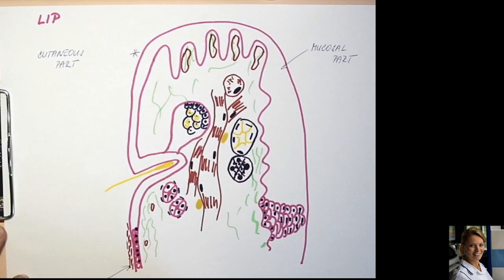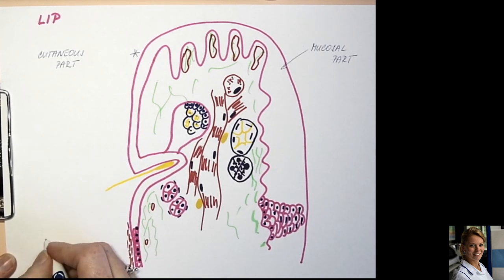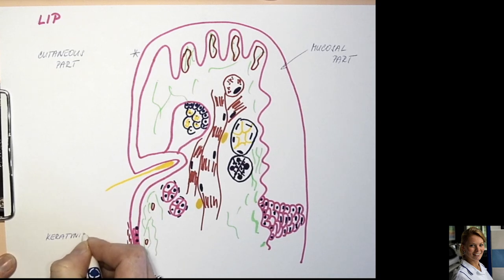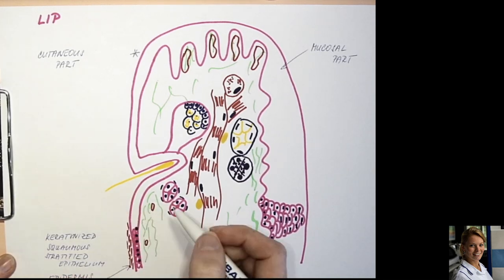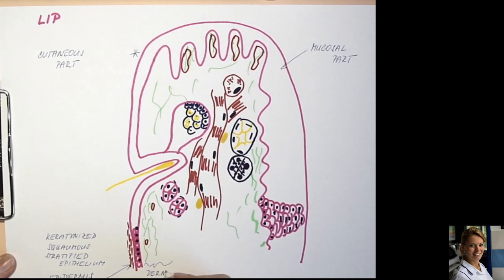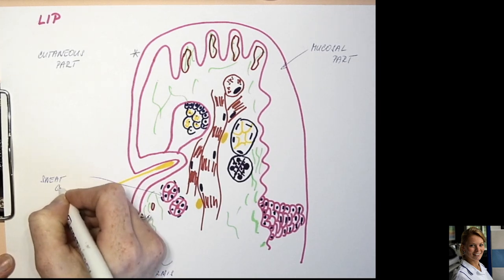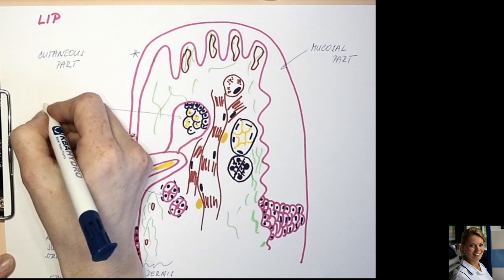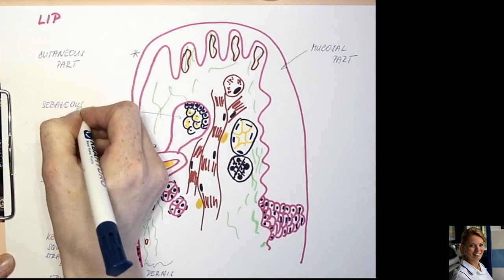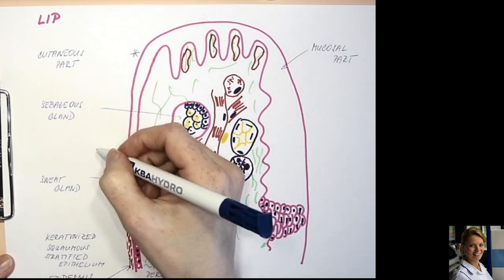Here you can see the epidermis, which is formed by keratinized stratified squamous epithelium, and beneath the epidermis is the dermis with sweat glands and the sebaceous gland, which is associated with the hair follicle.